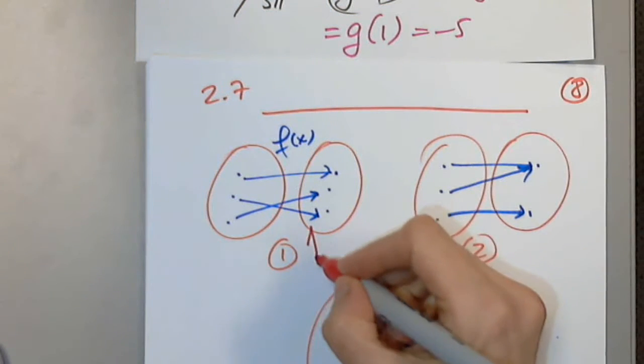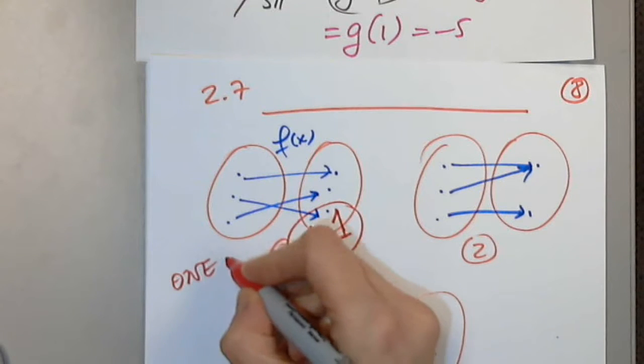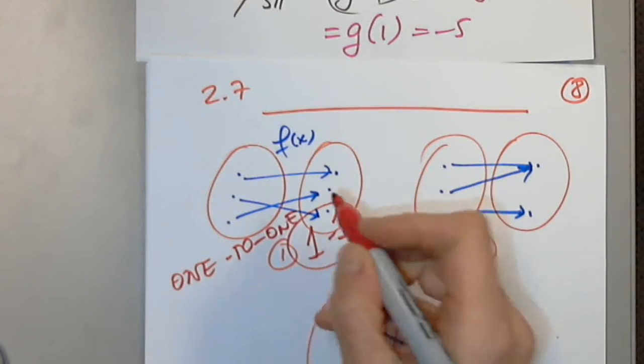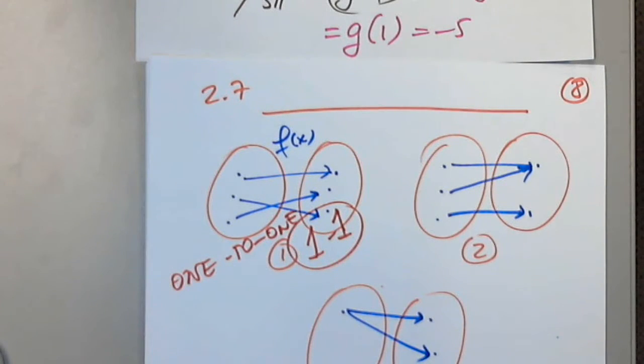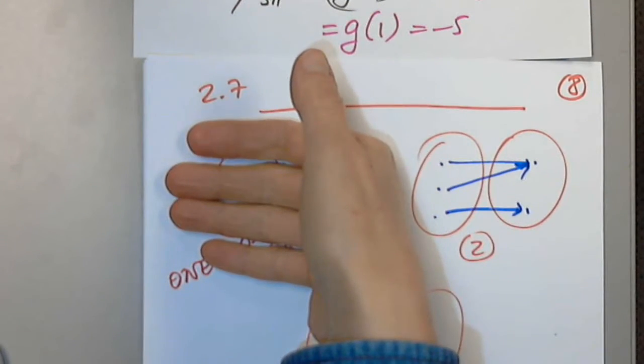So that's why this is called one-to-one. One-to-one function, meaning even to each y there is only one x. Not only each x corresponds to only one y, but also each y corresponds to only one x. And I can create a function going backwards.